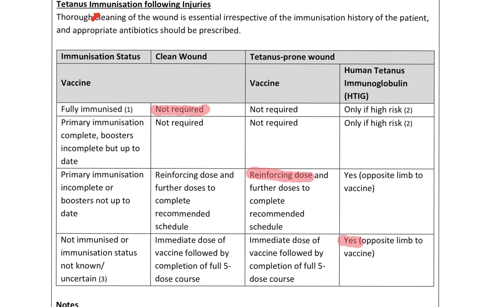Text C, tetanus immunization following injuries. So we can see we have a table. In this table we have clean wound, tetanus prone wound. Then we have immunization status. Okay, so here, if the patient is fully immunized and the wound is clean, then vaccine not required. If the wound is the tetanus prone wound, then vaccine not required because it is fully immunized.